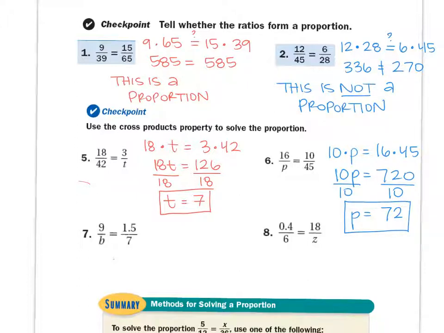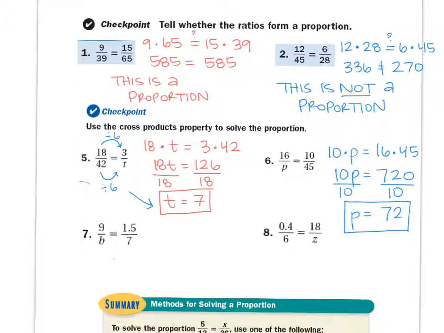Now, let's take a minute and look at these two examples that we did, because I want you to notice something. Do you notice that in number 5, we could have used method 1? And maybe some of you were noticing that. We could have said that 18 divided by 6 was 3, and so therefore 42 divided by 6 means that t equals 7. And by all means, when you're doing your homework, if you want to use that method, you absolutely can.